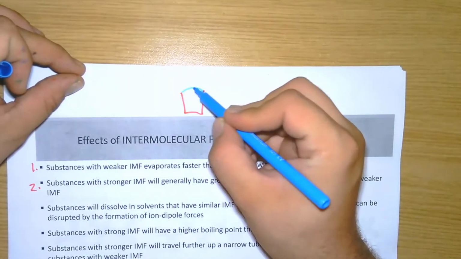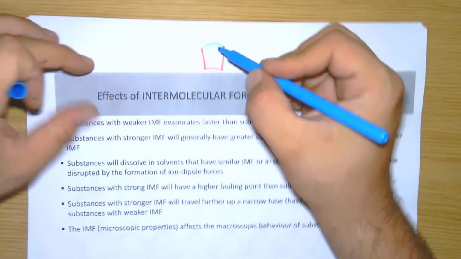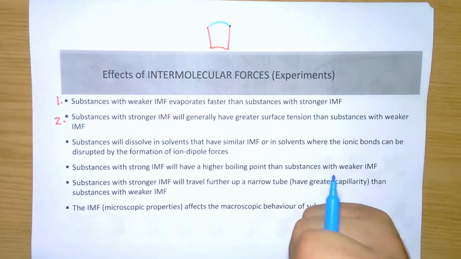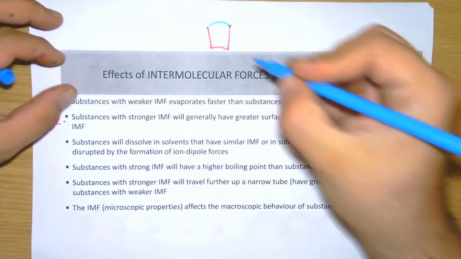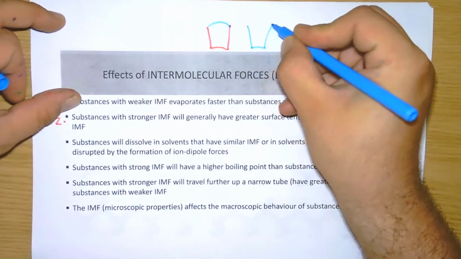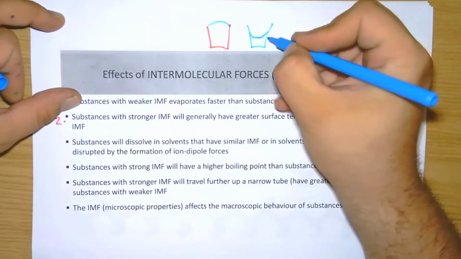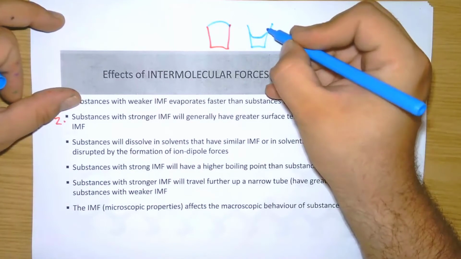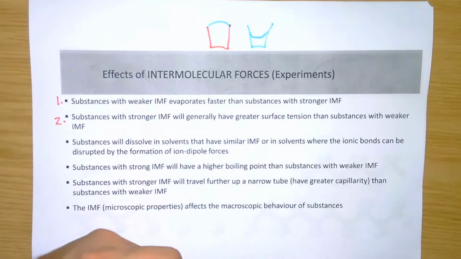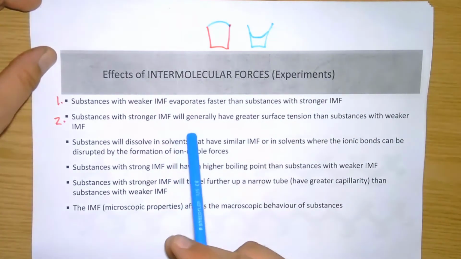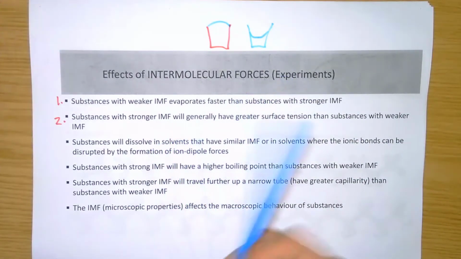That's because of the surface tension. In other words, the cohesion forces keeping the water molecules together. Even if you just have a normal glass of water, half full, you will see that the water molecules keep themselves together, and that's why we have water molecules that form drops and so on. So the stronger the intermolecular forces, the higher the surface tension.